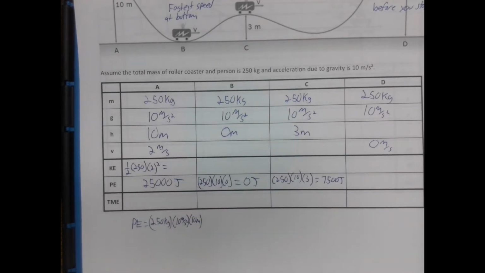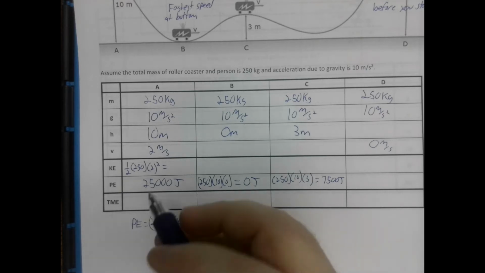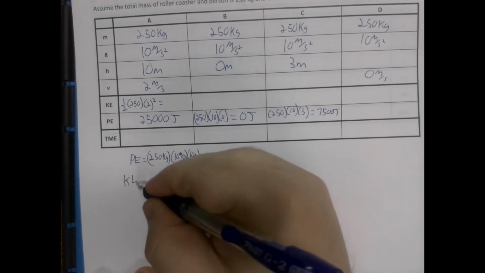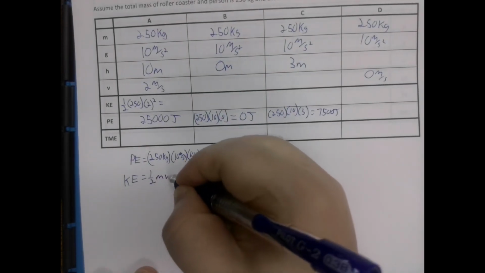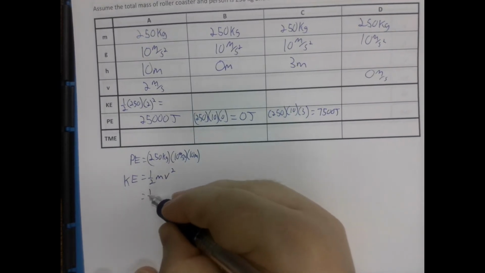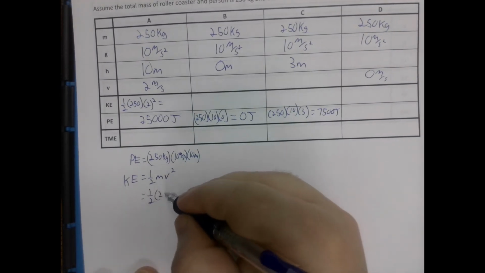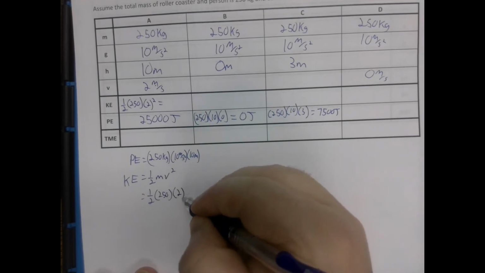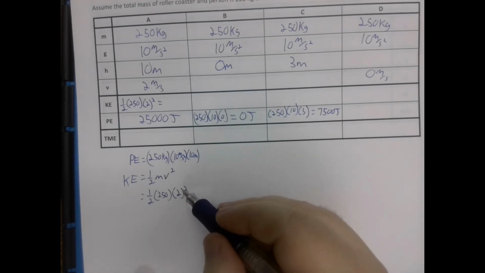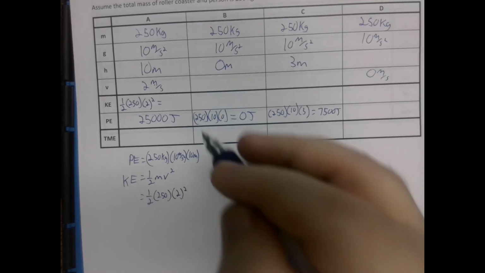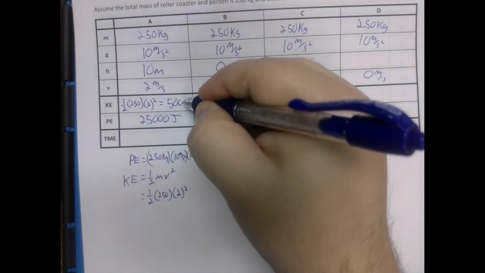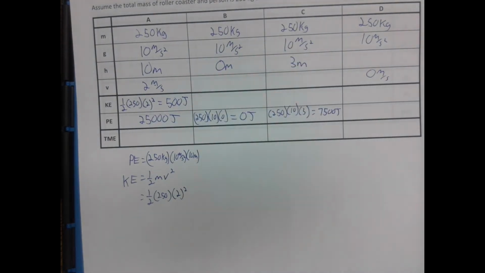So what does that equal? The mass is 250. The velocity is 2. This should be 500 joules.